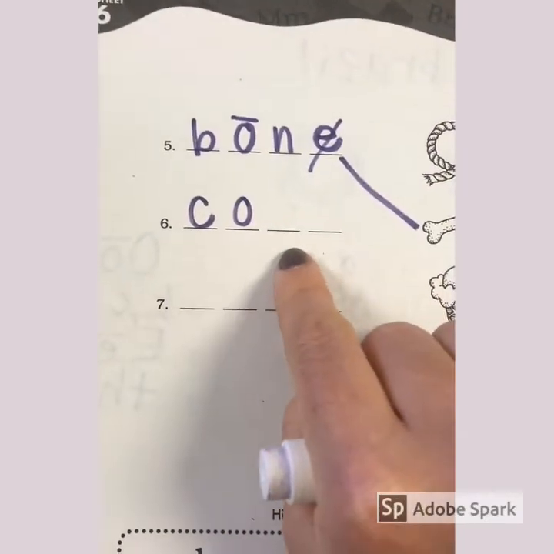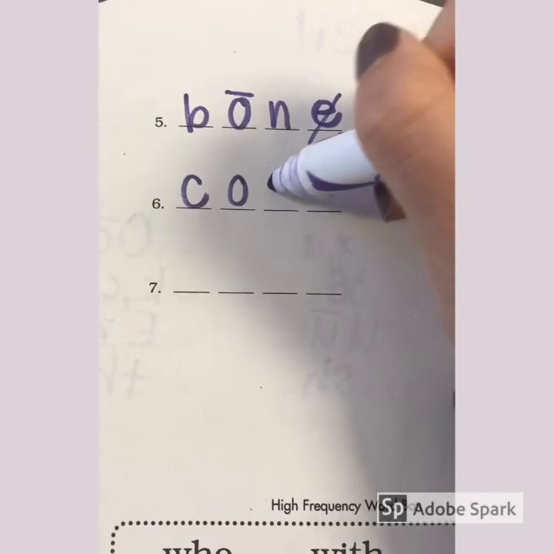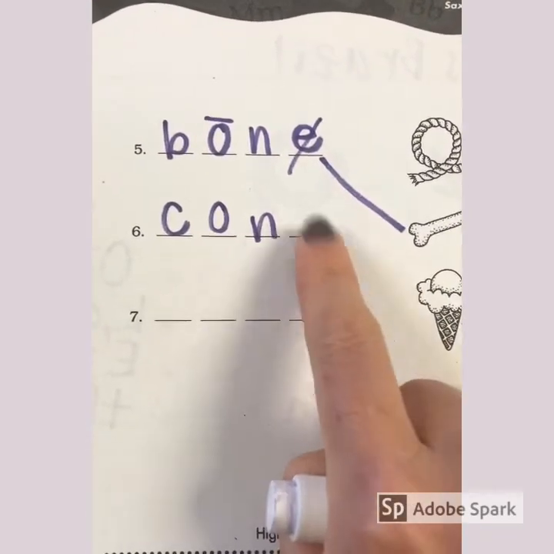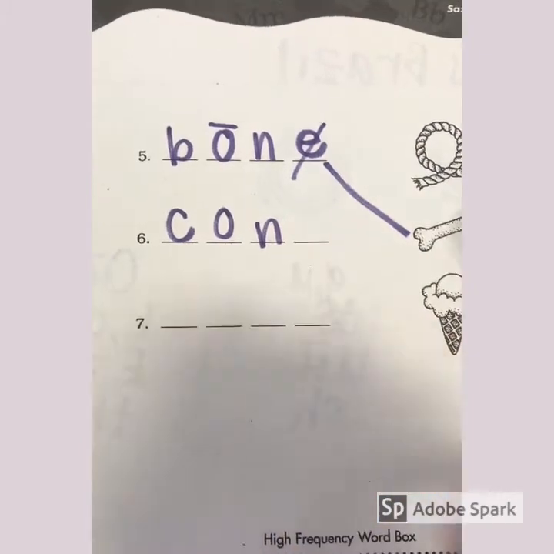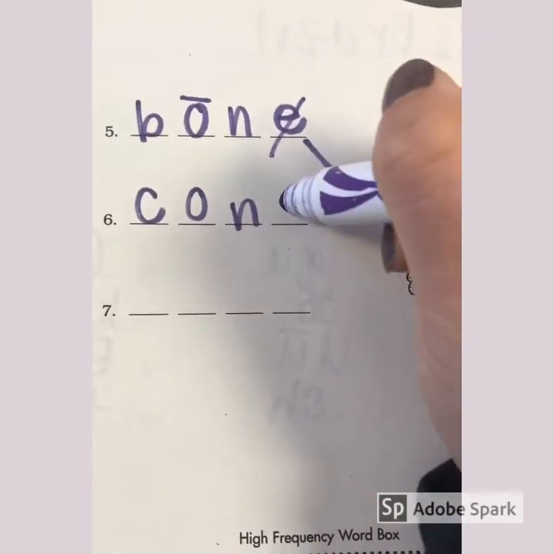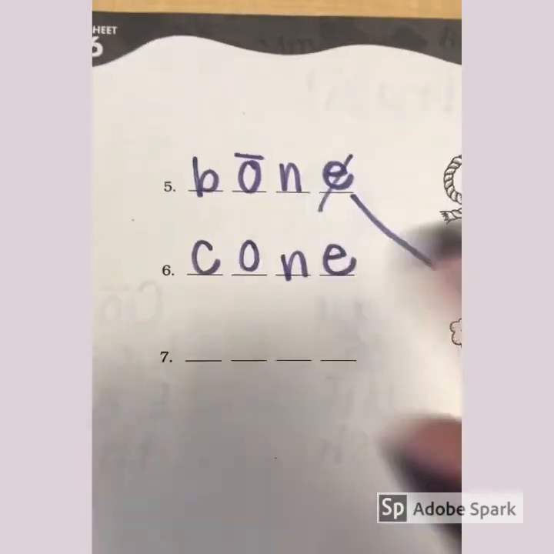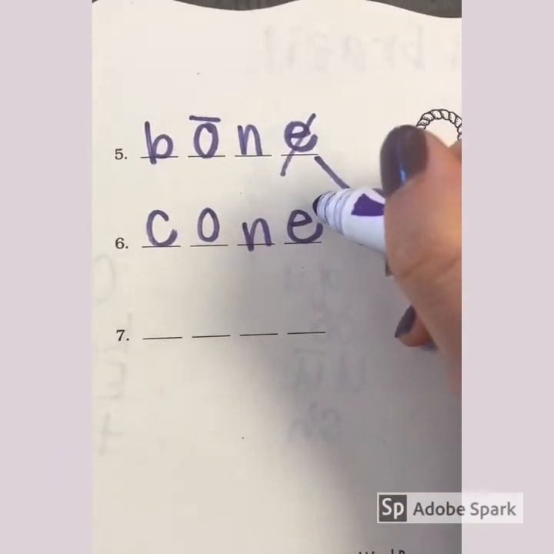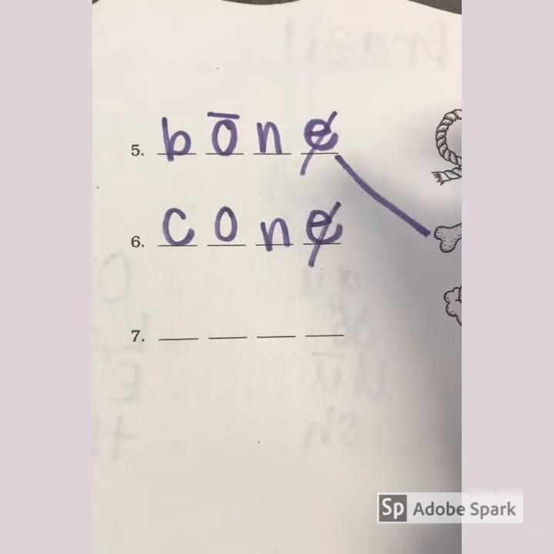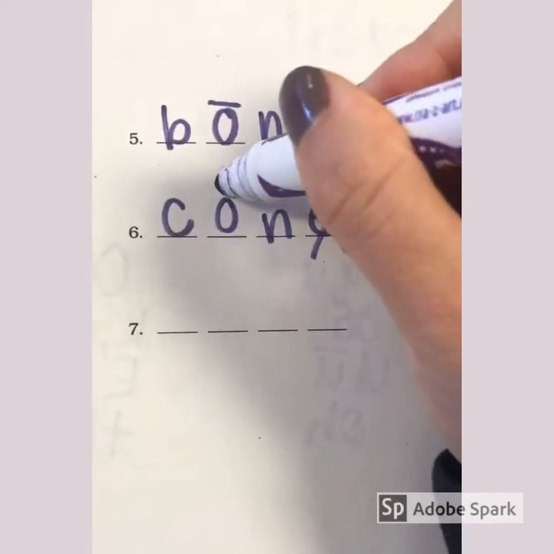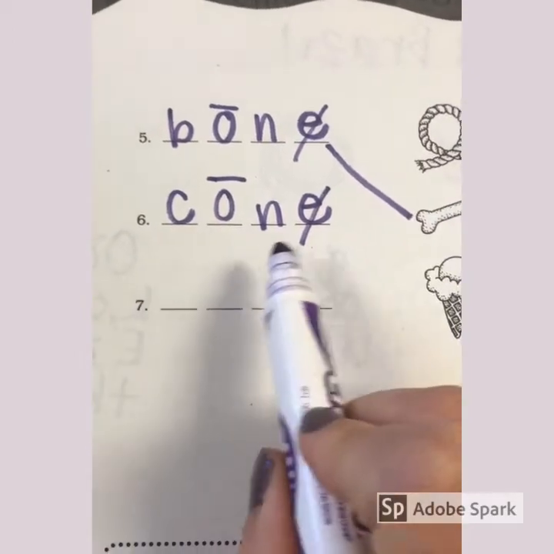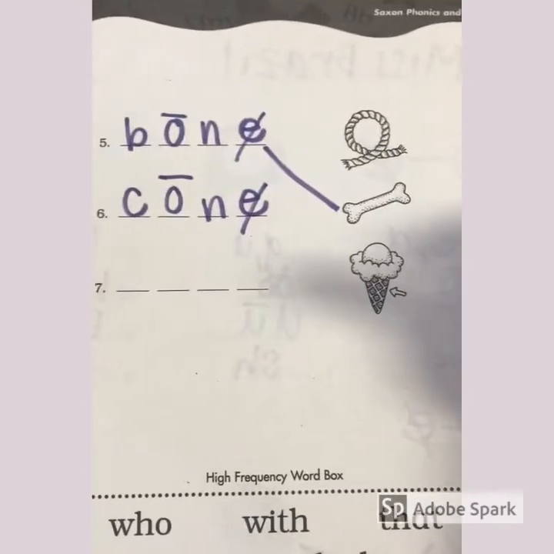There's an N again. Oh, but just like in bone, we have a letter that doesn't make a noise, so that's probably going to be a sneaky E. O consonant E tells us that this is most likely going to be silent, doesn't make a noise, and it's going to scare the O. So we're going to put a macron on top. Cone, like an ice cream cone. Can you find the ice cream cone and draw a line to it?